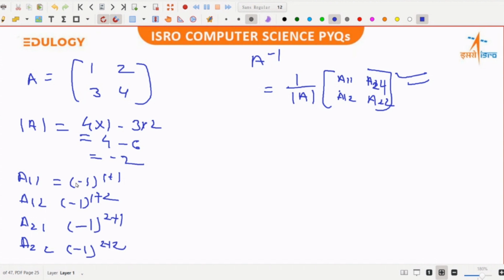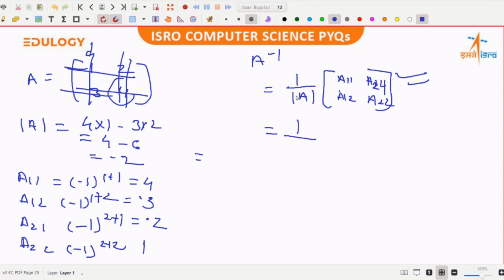For A11, first row, first column, we left it and 4 will come. Here minus 3 will come, here minus 2 will come, here 1 will come. Put it here, the determinant of A, which is minus 2.